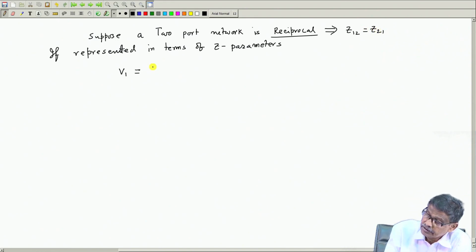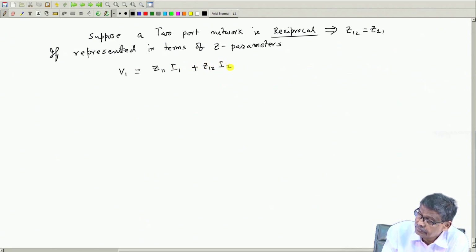So, V1 is equal to Z11 I1 plus Z12 I2, and V2 is equal to Z21 I1 plus Z22 I2.